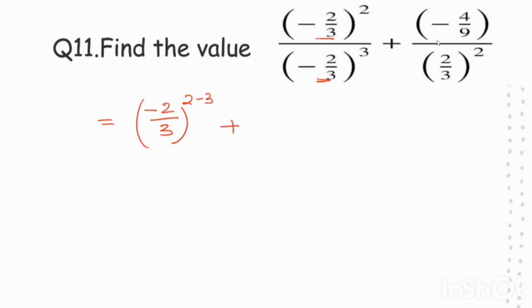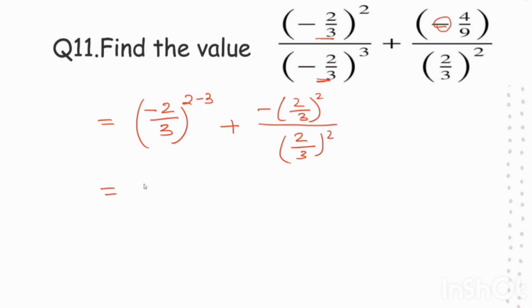Plus here 4 by 9 is the square of 2 by 3, but here the negative sign is there, so we have to remove the negative sign first, negative, and (2/3) raised to the power 2 squared, divided by (2/3) raised to the power 2.